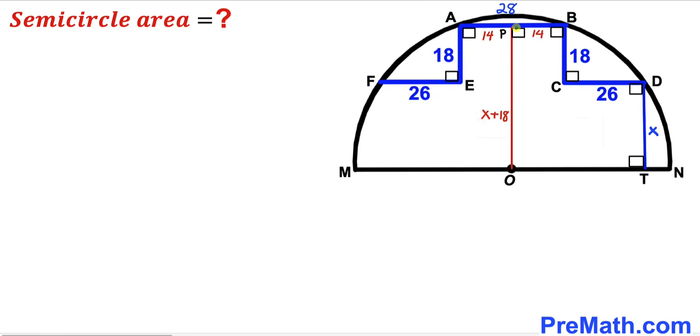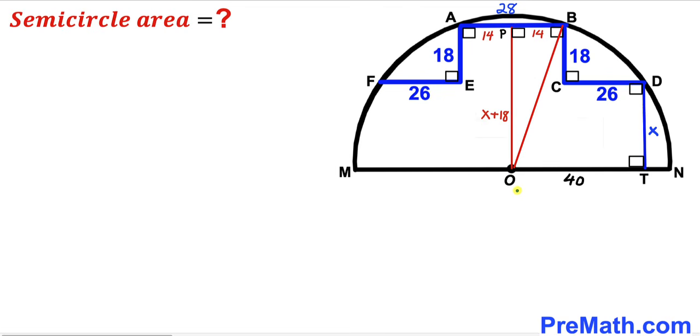So this OP length turns out to be x plus 18, and likewise this segment OT length is going to be the sum of BP and CD. If we add 14 plus 26, our OT length turns out to be 40.